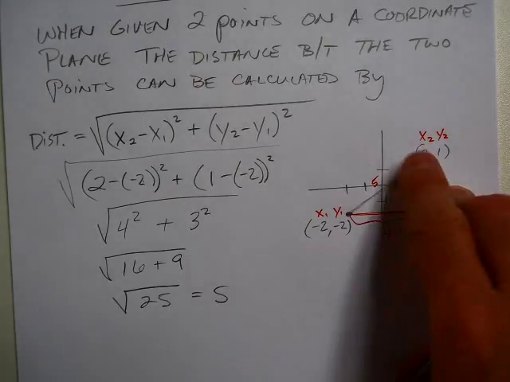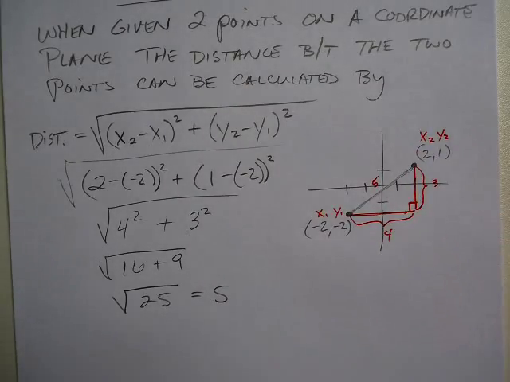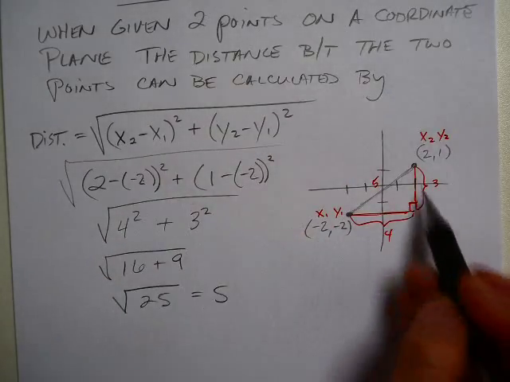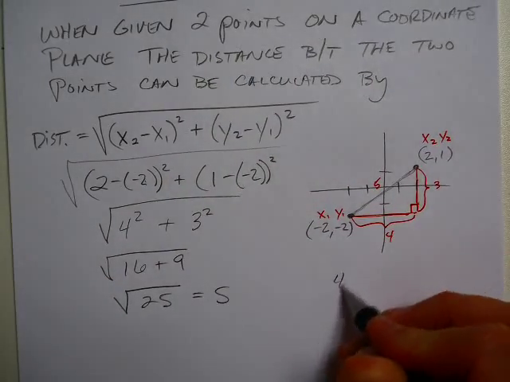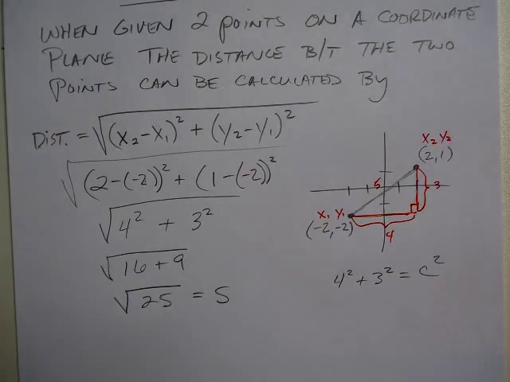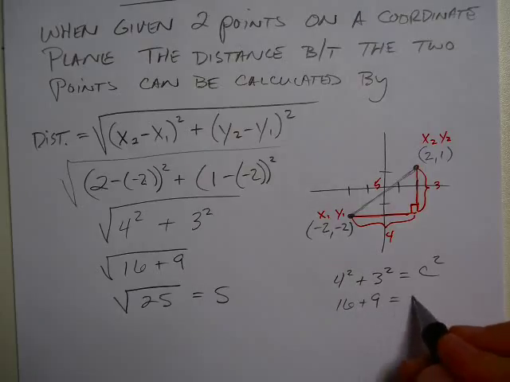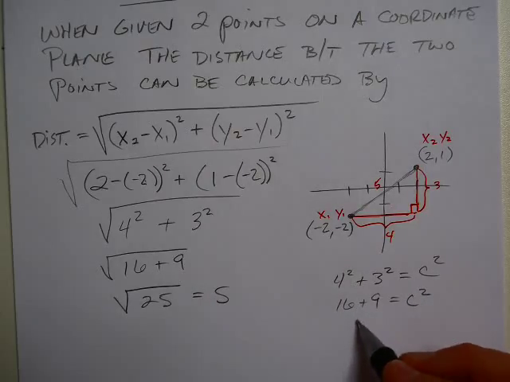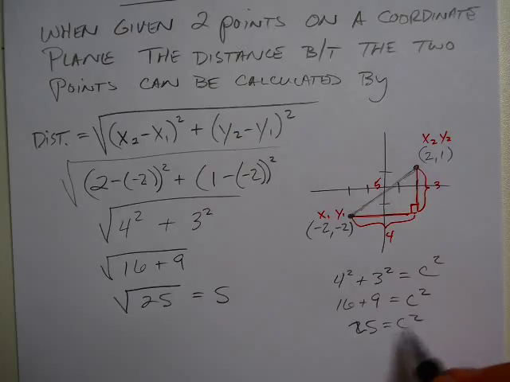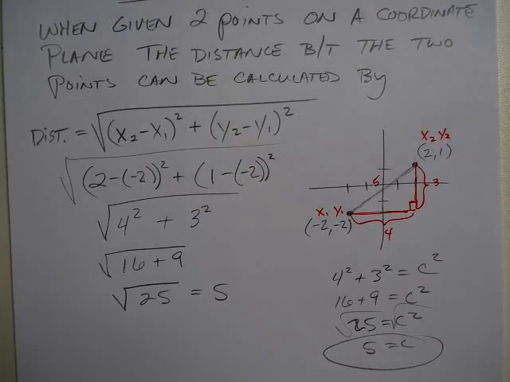Now, we know a shortcut if it's a 3, 4, 5, but basically what I'm suggesting is instead of doing all this, draw the slope triangle and say 4 squared plus 3 squared equals c squared, and use the Pythagorean theorem. 4 squared is 16, plus 3 squared is 9. 25 equals c squared, and then take the square root of both sides. I think it's far simpler to make the sloped triangle.